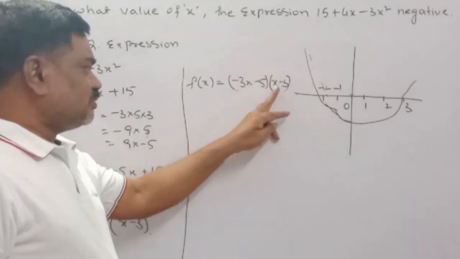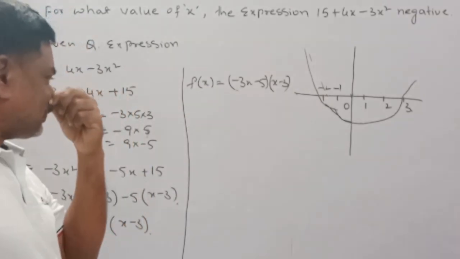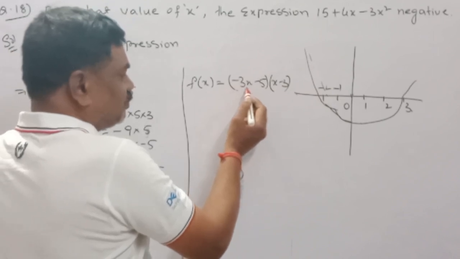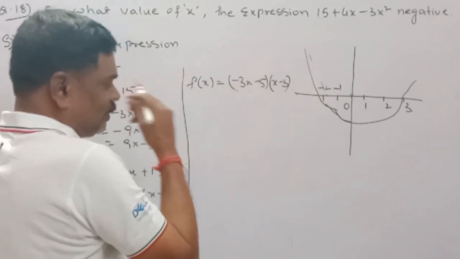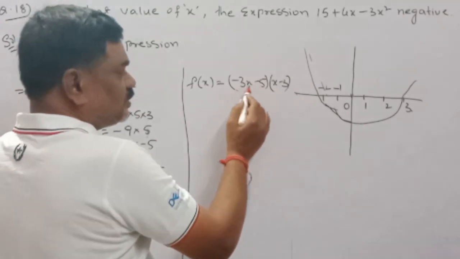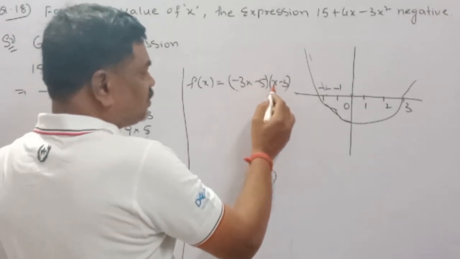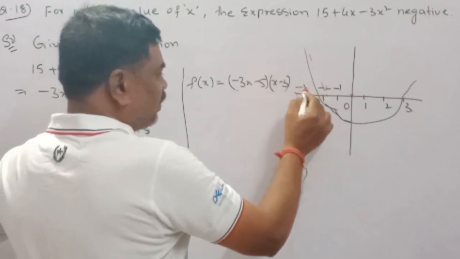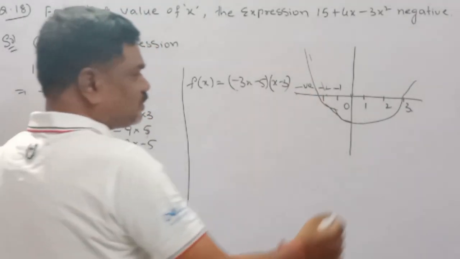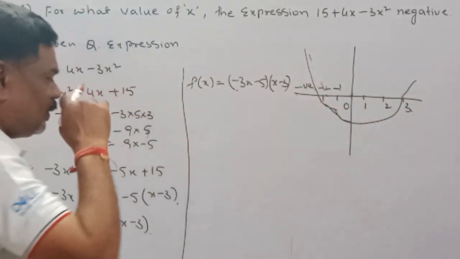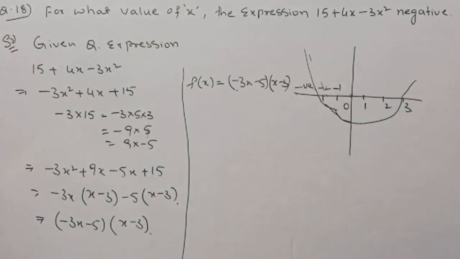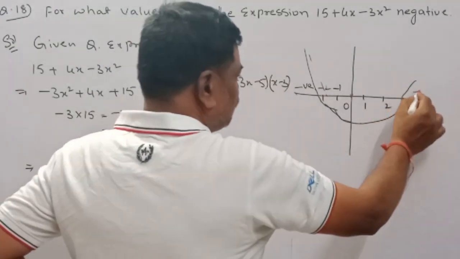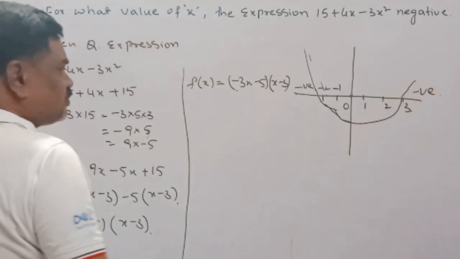If you substitute x is equal to minus 3, this is plus 9 minus 5, which is positive, and this is minus 3 minus 6, so it is negative. Now substitute x is equal to 4. This is negative and this is positive.